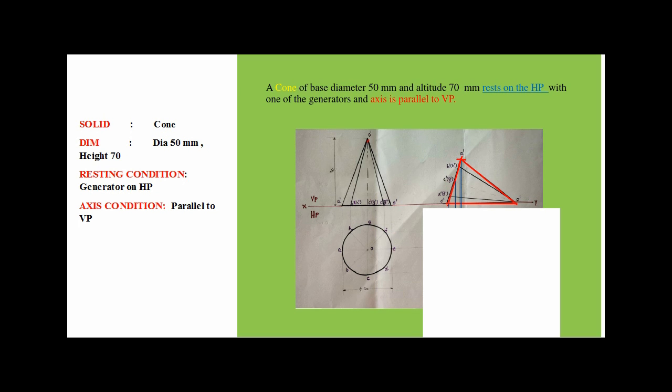This vertical line should be perpendicular to the reference line. Similarly, draw the horizontal line from all the base points in the first stage top view. This horizontal line should be parallel to the reference line.